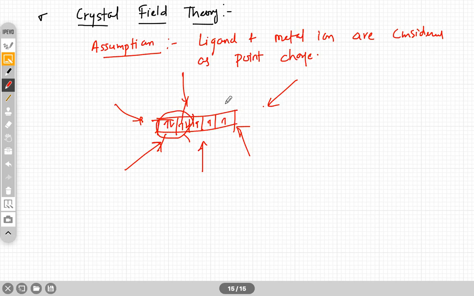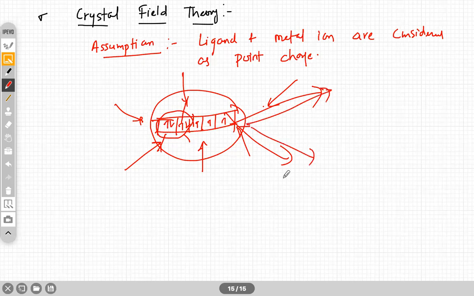Because of this uneven repulsion, the d orbitals split into 2 sets of orbitals. Depending upon the geometry, we can have different numbers of orbitals. This is called splitting of orbitals, and we call it crystal field splitting.